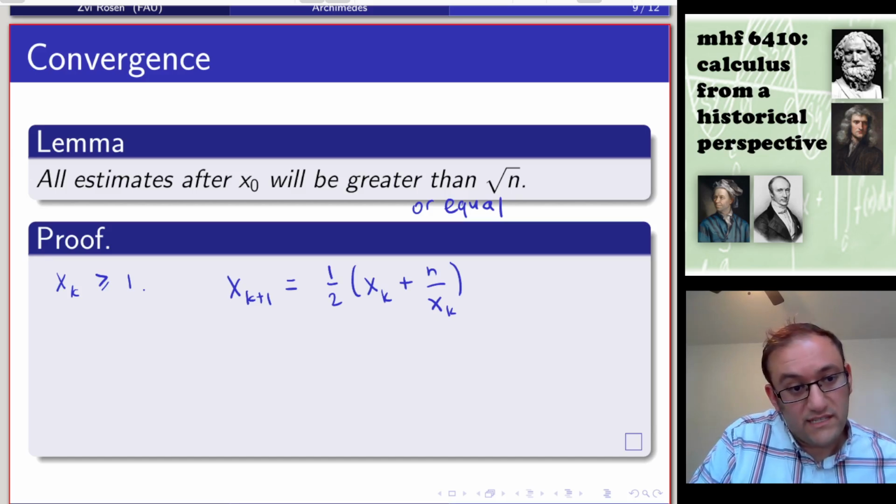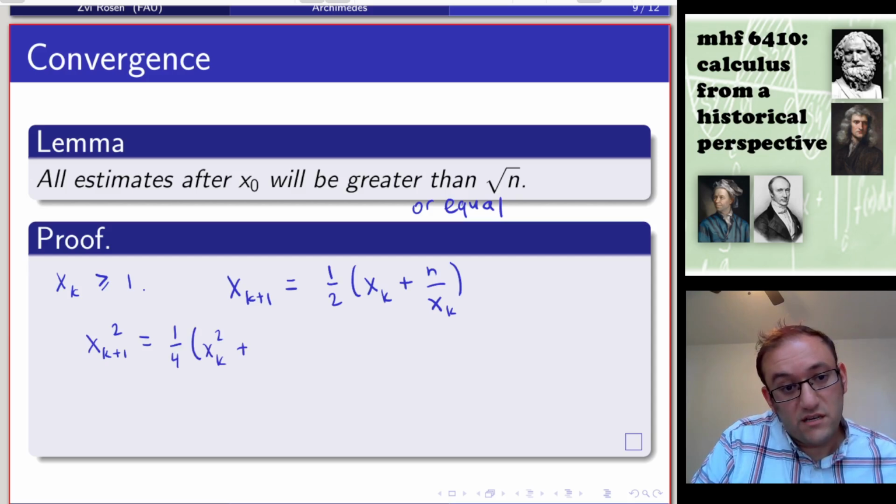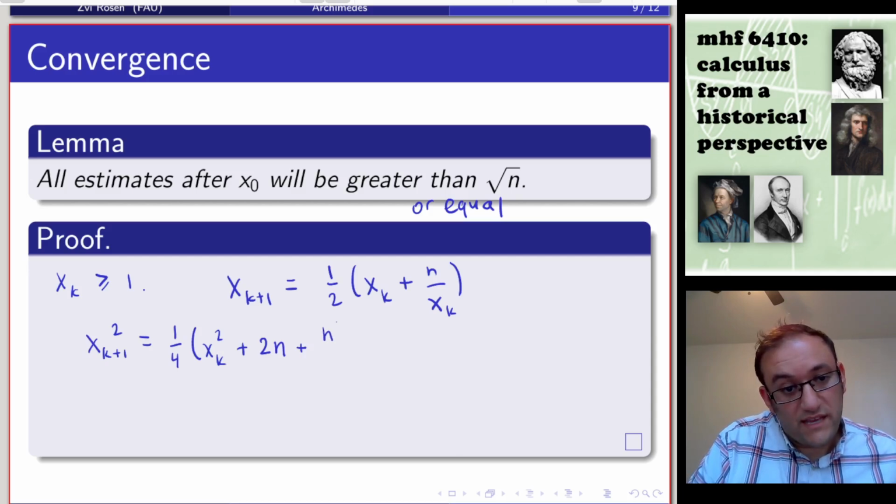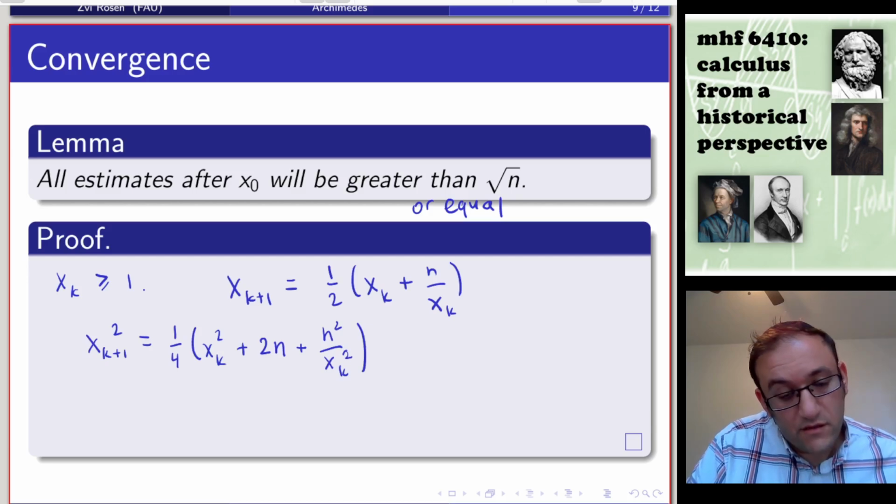So let's compute that. We have x_{k+1} squared is 1/4 (x_k squared + 2n + n squared over x_k squared). And that's because you're multiplying n over x_k times 2, plus n squared over x_k squared. Okay, and suppose we were to subtract n from this.